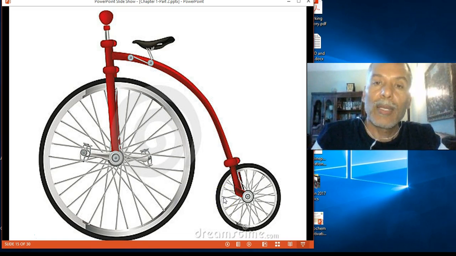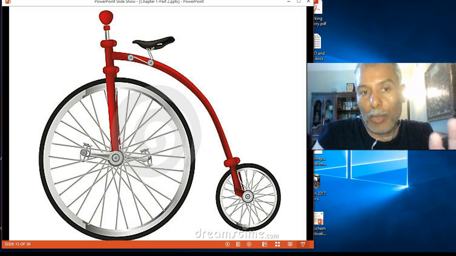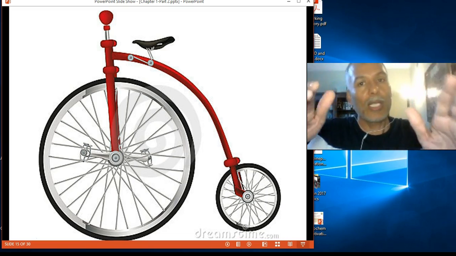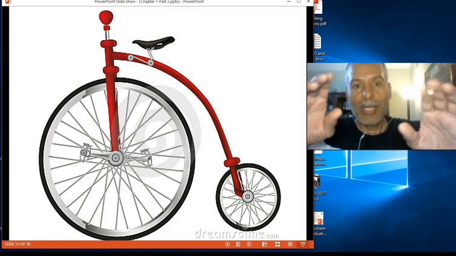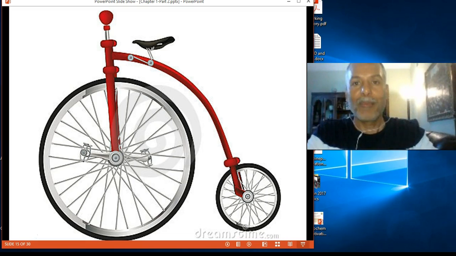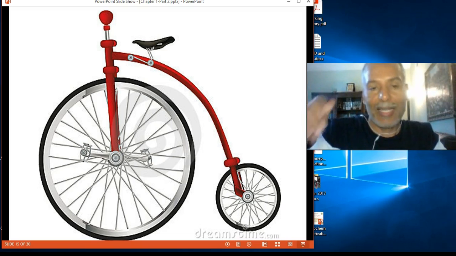So again, the more cycles you have in a single minute. Again, we are speaking about a wheel. We are not speaking about sounds. So the minute for the wheel, but for sounds we say second.